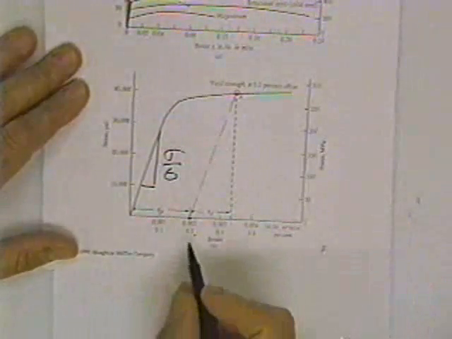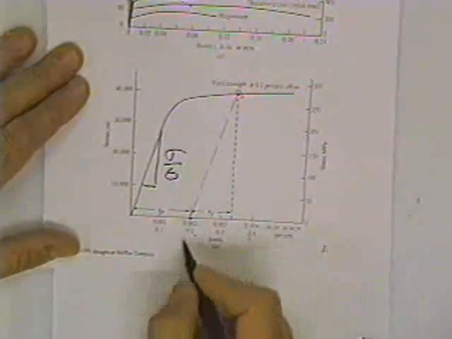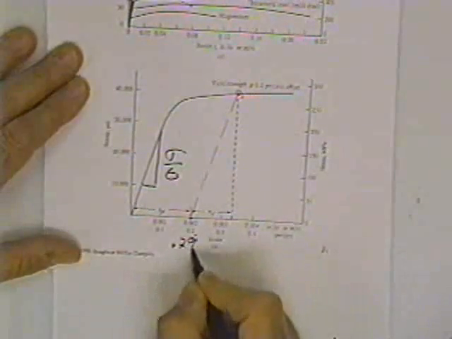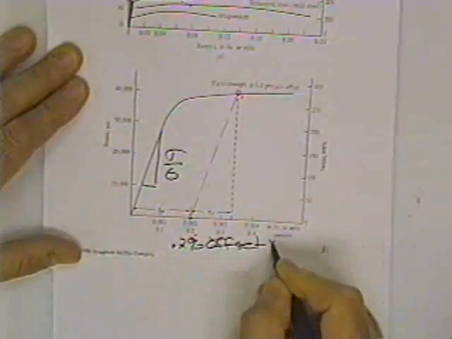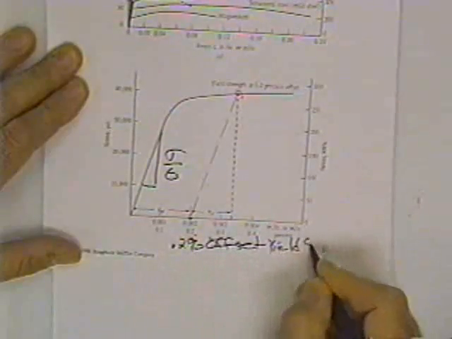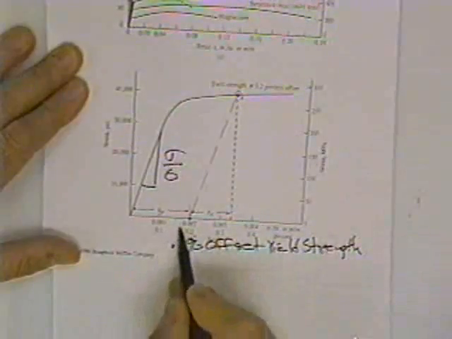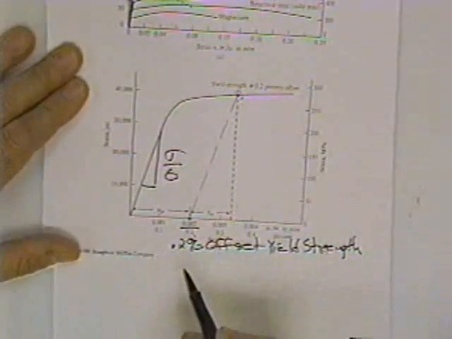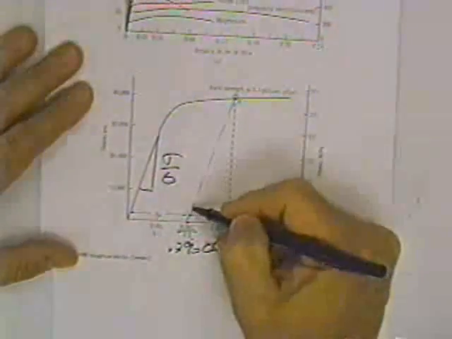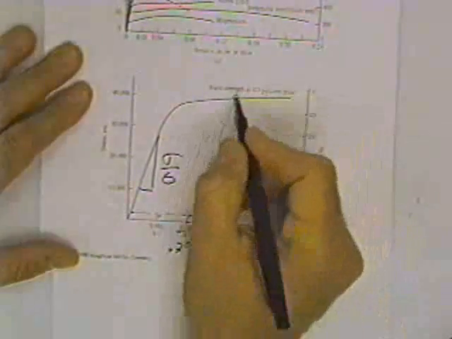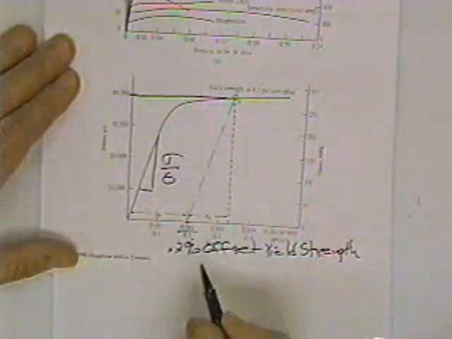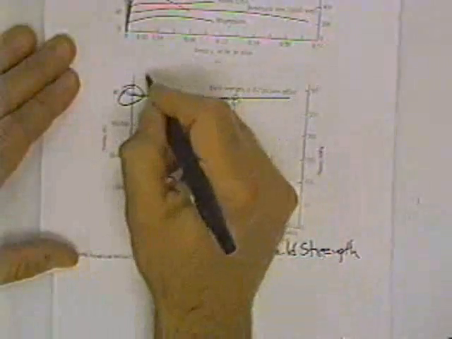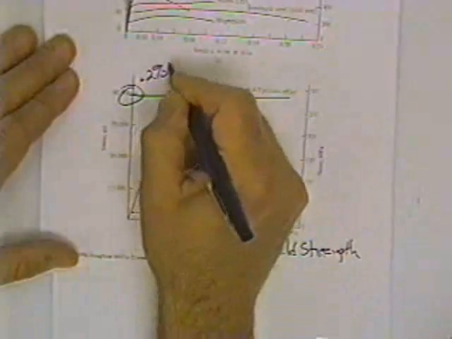So what engineers have done is to define a 0.2% offset yield strength. You come 0.002 strain units, draw a line parallel to the modulus, and where that intersects the yield locus, that's going to be your 0.2% yield stress.